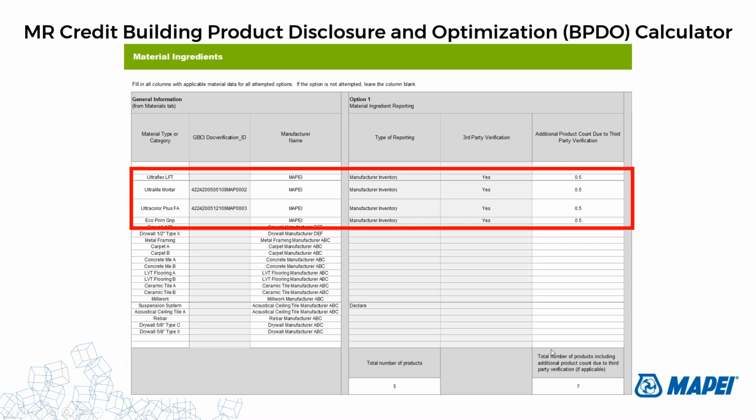Unfortunately, they still have to have a minimum of 20 material ingredient reports in order to get the 1 point under new construction, or if they're pursuing core and shell, they would need 10 products total, based on the weighted value of the third-party verification or not.